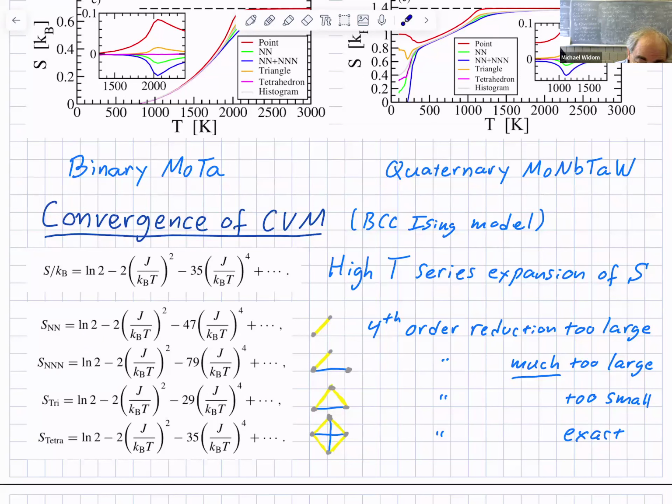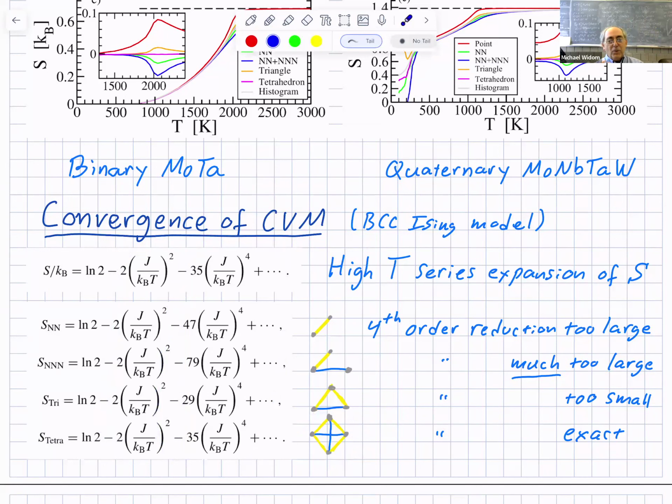But then for all the higher approximations, we always get the correct 2nd order term, but we always get the wrong 4th order term until we go to the tetrahedron approximation. And that's, of course, because we have the 4 sites.